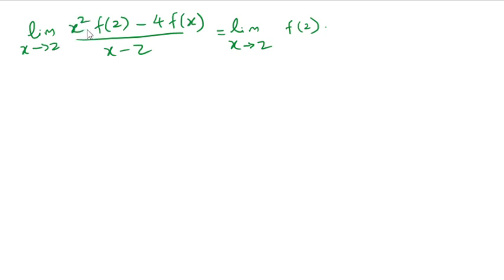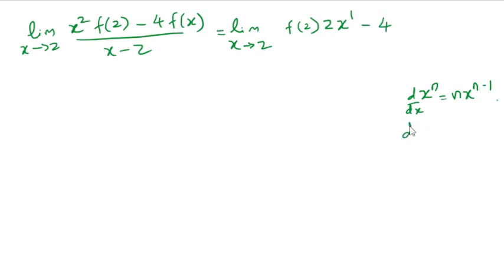So we have to differentiate x square. You know the differentiation rule: if we differentiate x power n, d by dx of x power n, we get n times x power n minus 1. This is the rule, right? Applying this rule here, we get 2 times x power 1. And then minus 4 f of x.